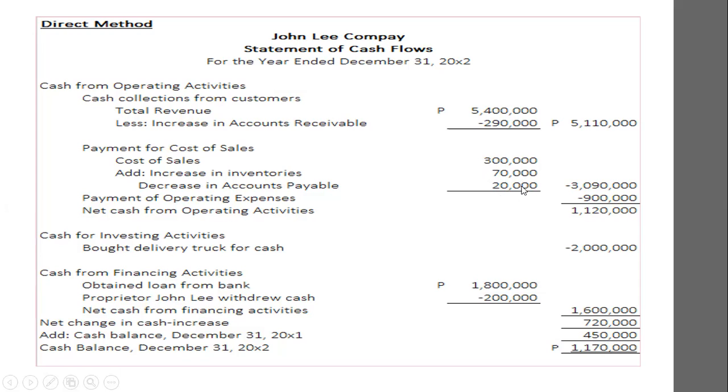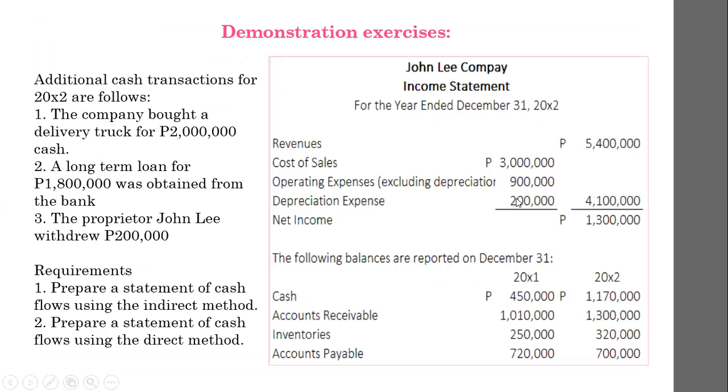So, i-add nyo lang po ito sa 3 million, add yung 70 and 20. So, 3,090,000. So, after that, yung cash collections from customers na 5,110,000, ililess nyo po yung cost of sales, yung operating expenses po natin. 3,090,000 plus yung cost sa operating expenses na 900,000.